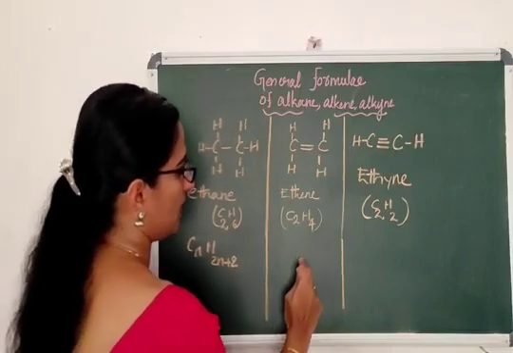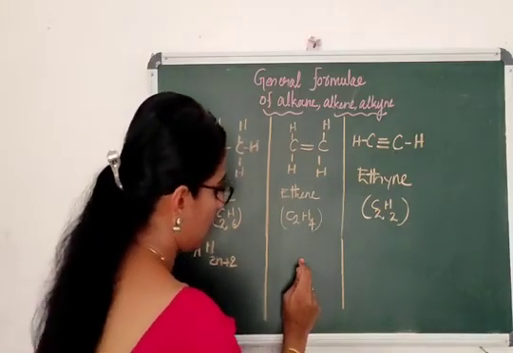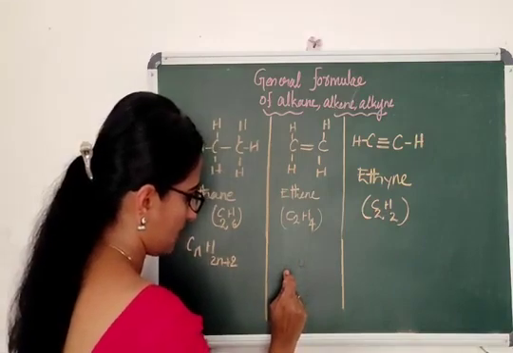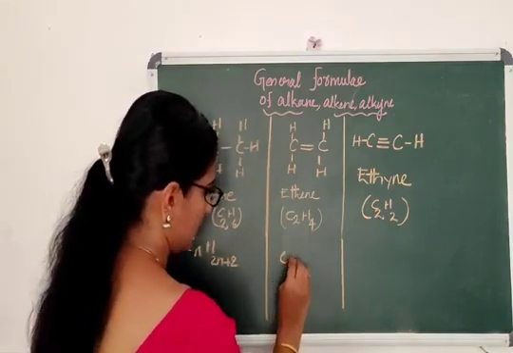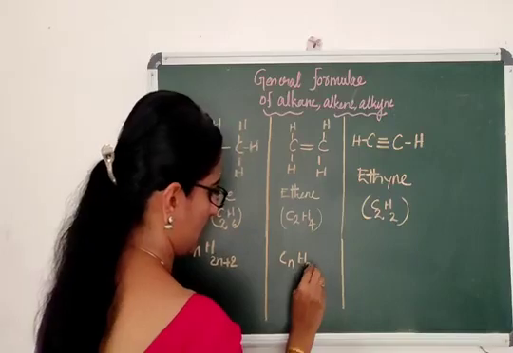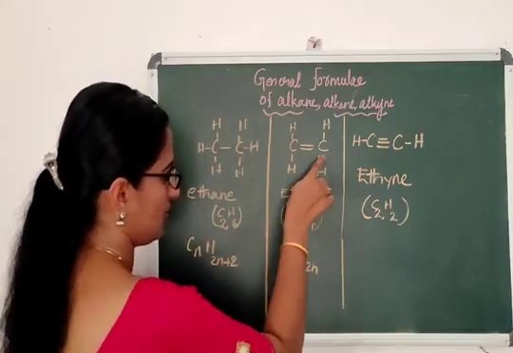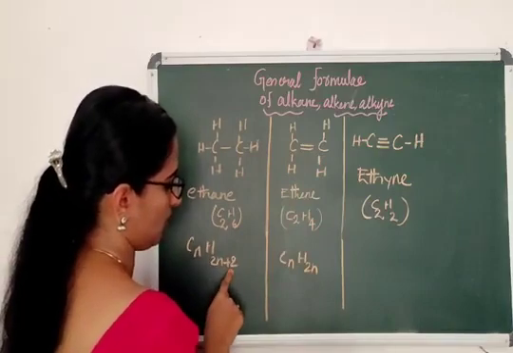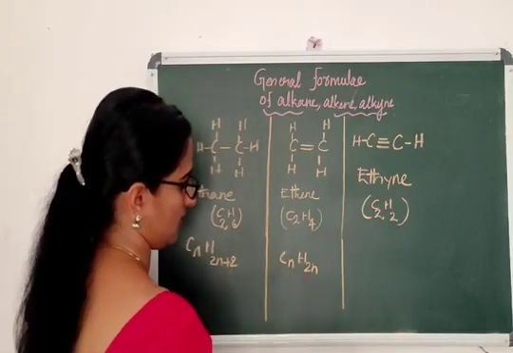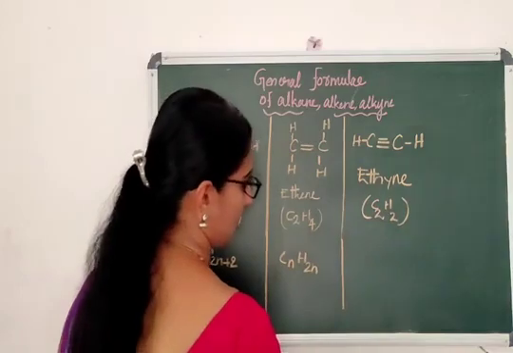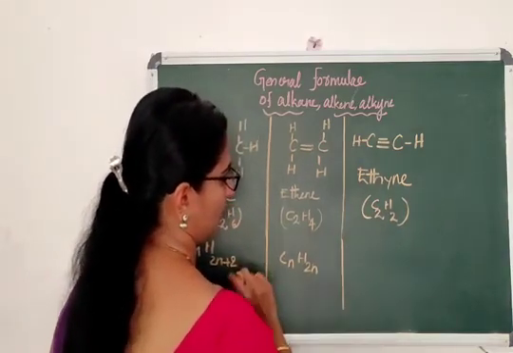When coming to the alkene series, how will you write the general formula? The general formula is CnH2n. Why only 2n? Because two hydrogens are reduced. Look at here, so this plus 2 is not required. This is CnH2n. When coming to the alkyne series, what is the general formula?